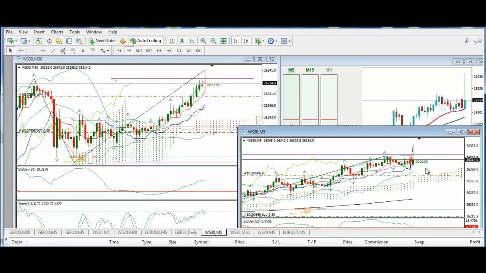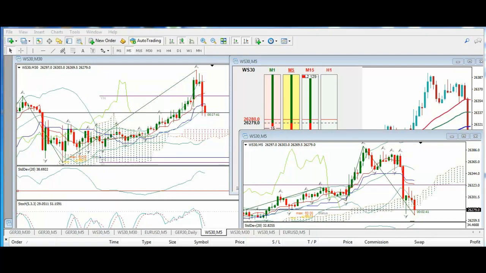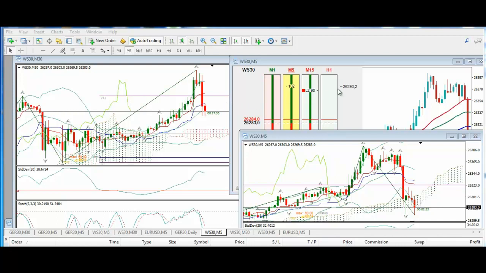Now I was showing, I think, when I was making that recording, that we had a higher high there. So whatever the movement was, I was expecting a nice upward movement.